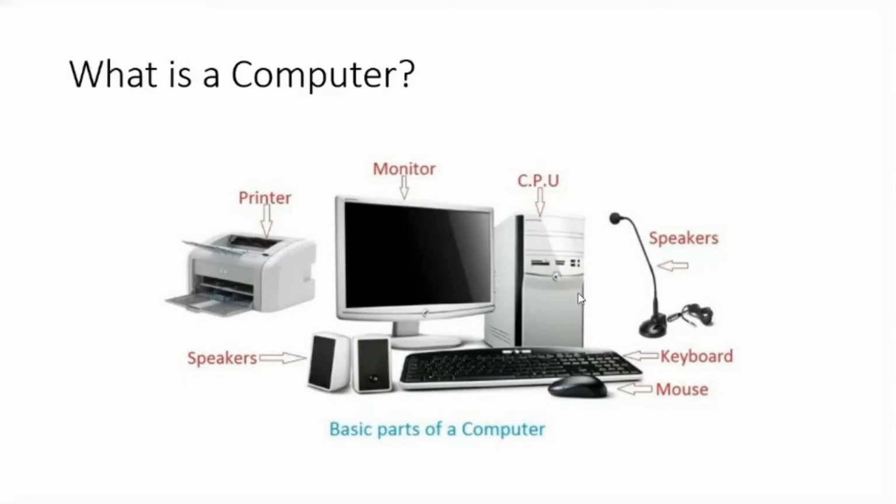So these are the three different operations that happen in a computer: input, processing, and output. And the three different types of devices associated with a computer are input devices, processing devices, and output devices.